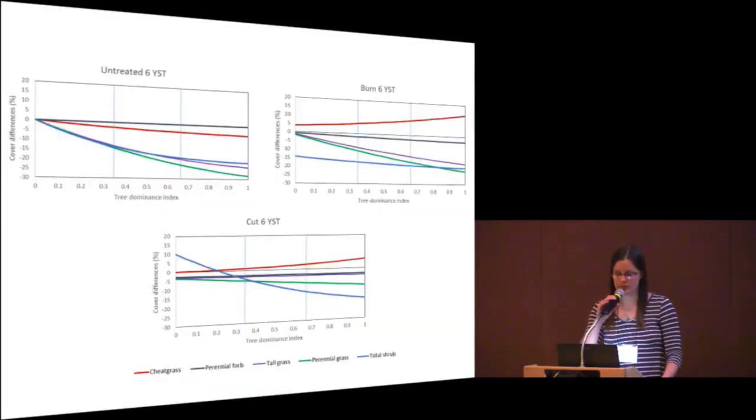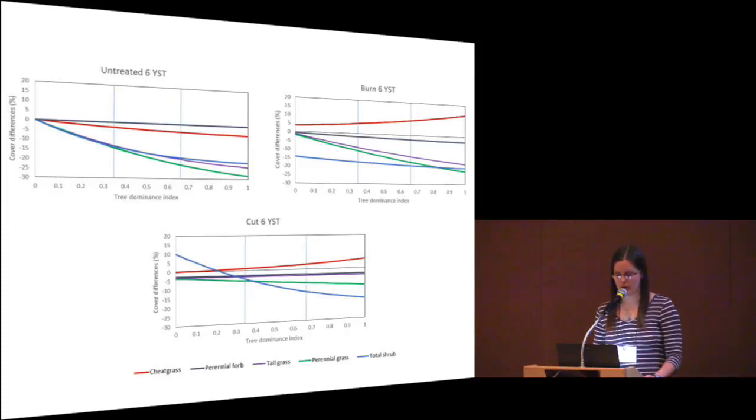So this graph helps to kind of summarize our results for ecosystem resilience. I'm just going to take a second to explain it to you. So the various colored bars are functional group cover 6 years after treatment, increasing with TDI across the x-axis, and the y-axis is cover difference between functional group cover 6 years following treatment and the functional group cover at a TDI of 0 or our reference state.